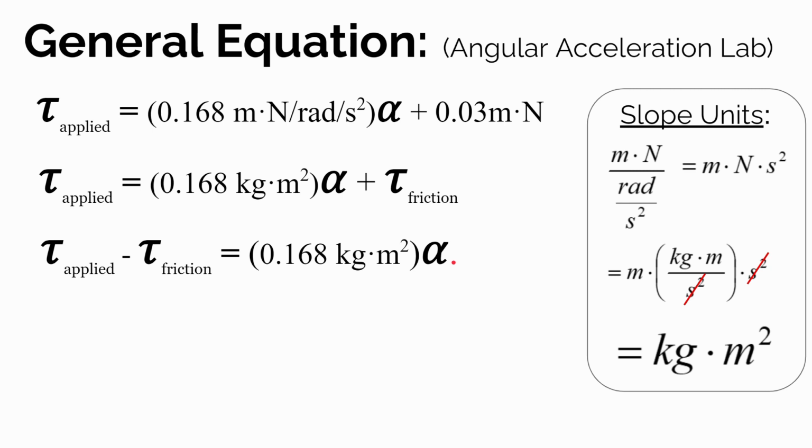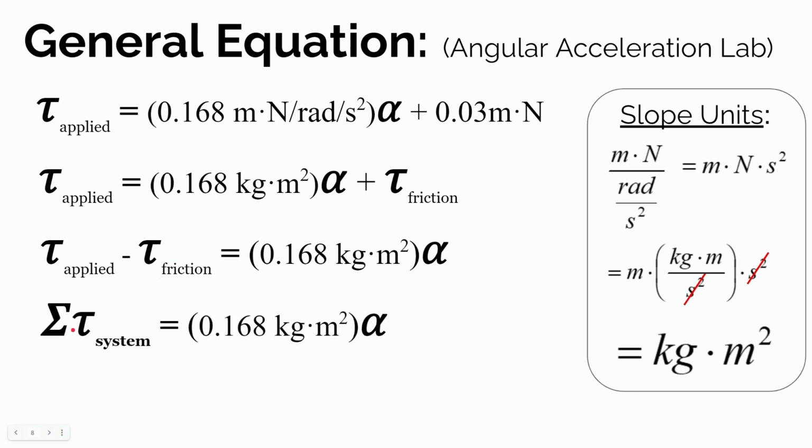And there's really only two torques on our system, one that you were applying with tension and one by the frictional torque that we have to first overcome before there was any angular acceleration. So if we basically add the two torques together, one in the positive direction, one in the negative direction, we're getting the sum of the torques on the system. So our equation becomes the sum of the torque on the system is equal to something times angular acceleration.